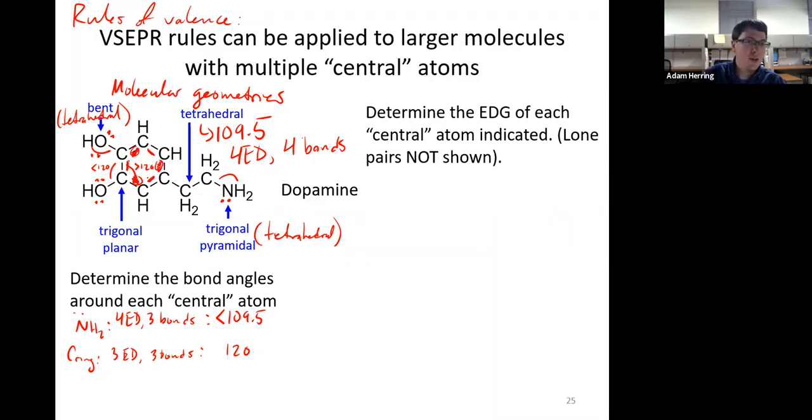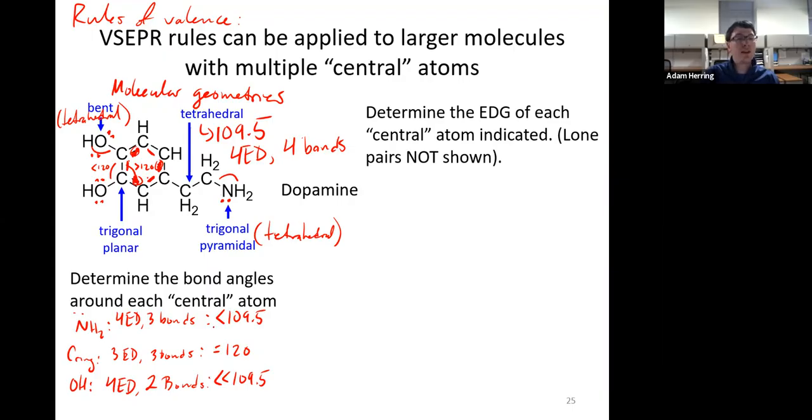And that is the other resonance structure. So it turns out that this all has exactly 120 degrees. Now, if you didn't quite get that this time, that's okay. This will take a little bit of practice. The last one, for the oxygen, has 4 electron domains. It has 2 bonds. Therefore, we know it's going to be close to 109.5, but it's going to be less than that.